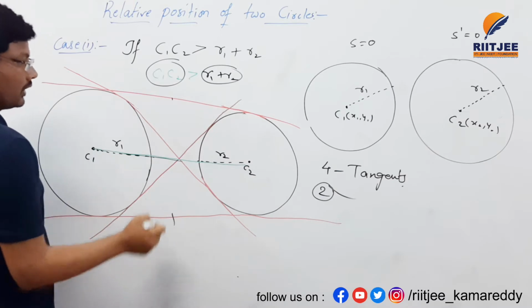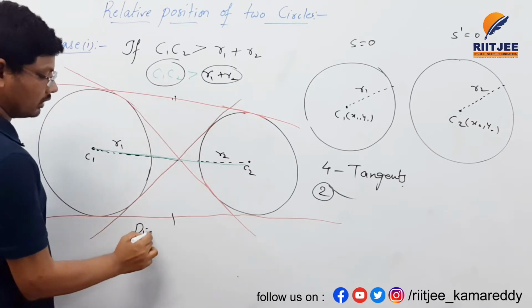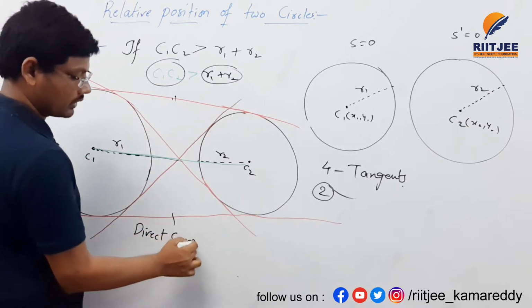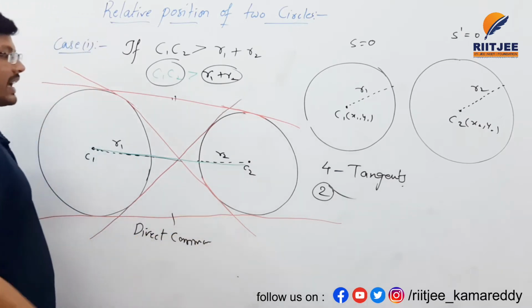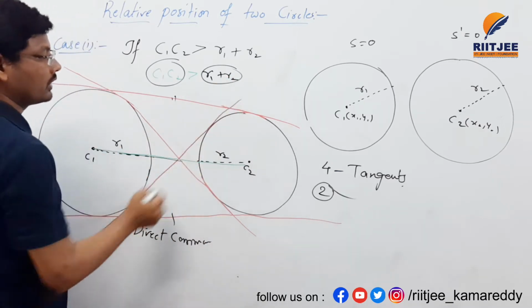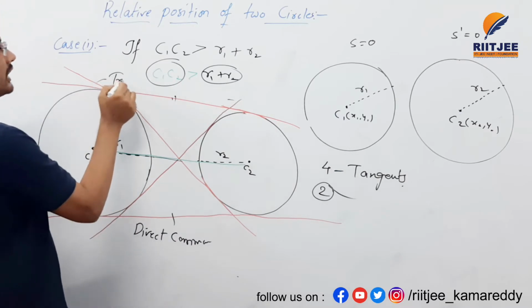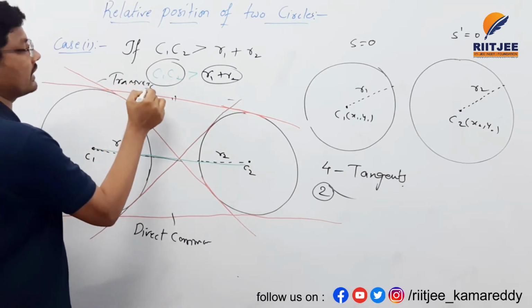These two are direct common tangents here, and these two tangents are transversal tangents.